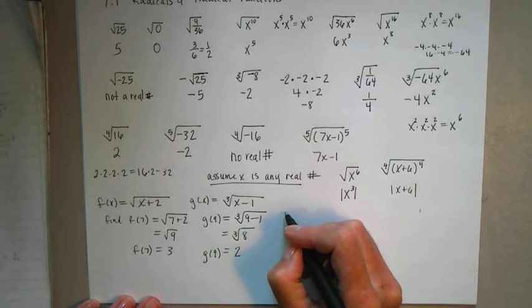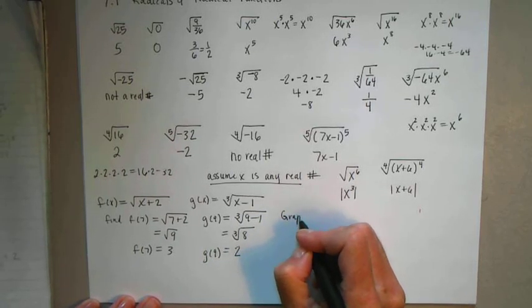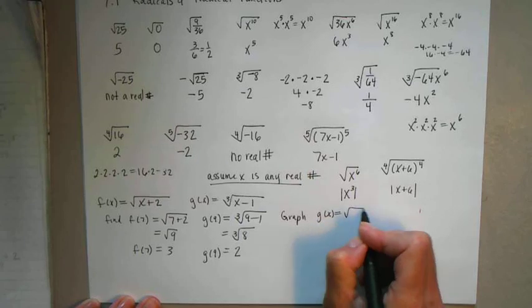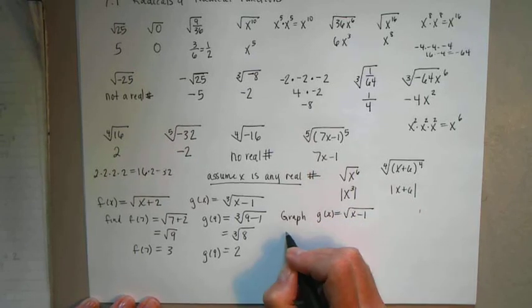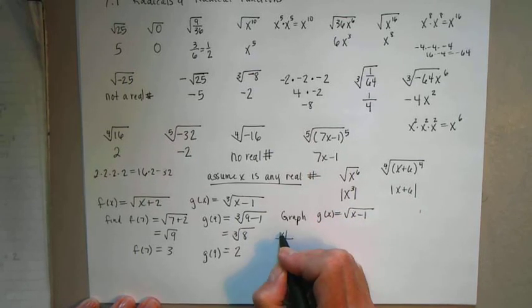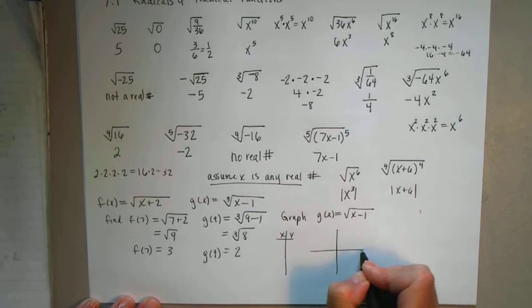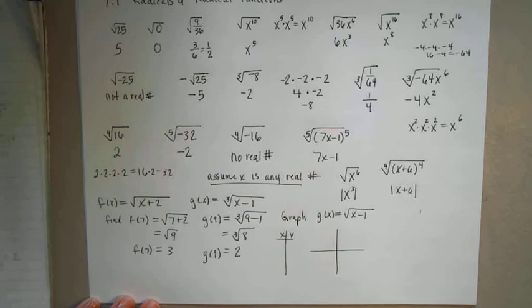Alright, now the last thing they make us do is graph radicals. So if I wanted to graph g of x equals the square root of x minus 1, well, let's go ahead and do an xy table, and then we'll draw our points on a corresponding Cartesian plane. So let's put in 0 for x.